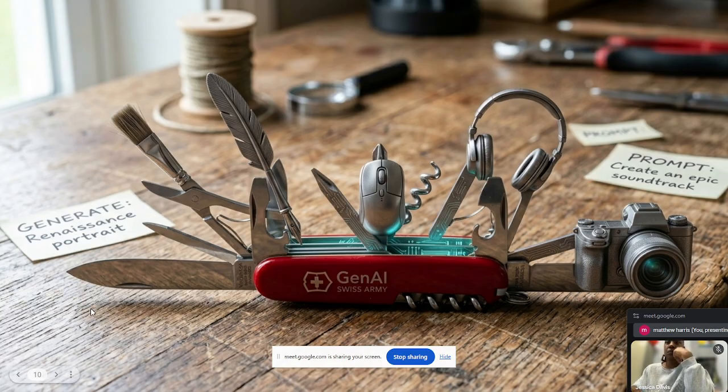And we have examples it gave in the text, like maybe you're getting it to generate a Renaissance portrait, or create an epic soundtrack. That's the visual anchor I wanted to have, that Swiss Army knife, which is our AI Swiss Army knife.